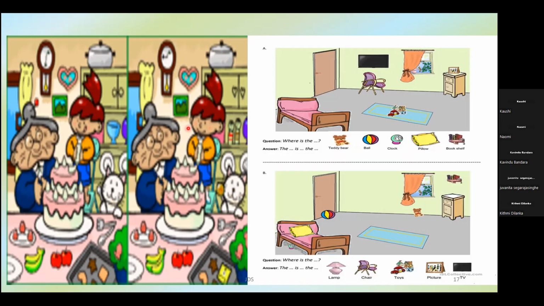So it's a very useful kind of activity. Information gap activity is very much practiced to promote speaking skills. The only problem is you need to get some more or less identical pictures with slight differences.